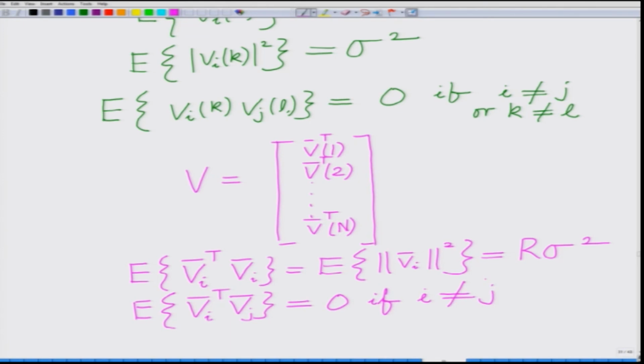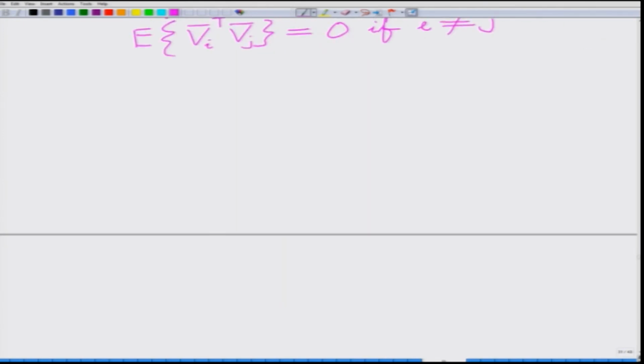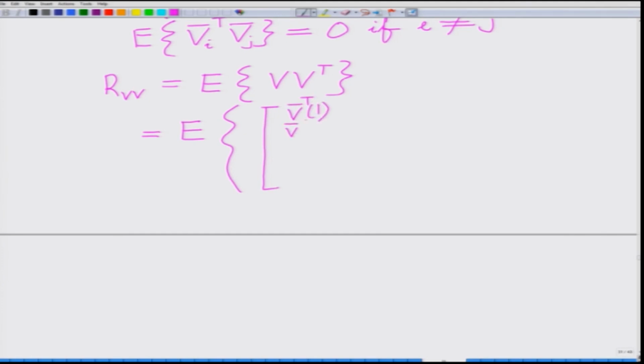Therefore the noise covariance R_VV is expected value of V V transpose, which is the expected value of the product of the stacked rows V bar transpose 1 through V bar transpose n with V bar 1 through V bar n.